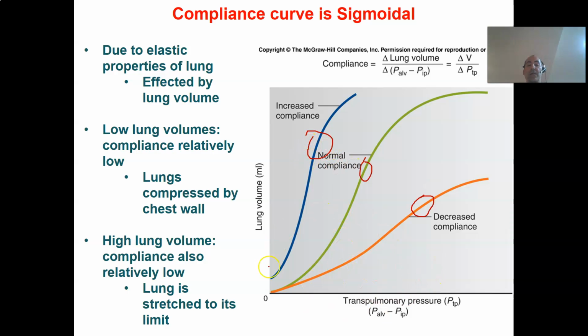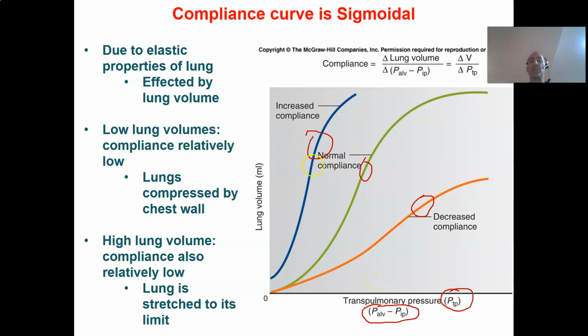Notice how this graph uses transpulmonary pressure directly. Remember, transpulmonary pressure is a type of transmural pressure, which equals the alveolar pressure minus the intrapleural pressure.